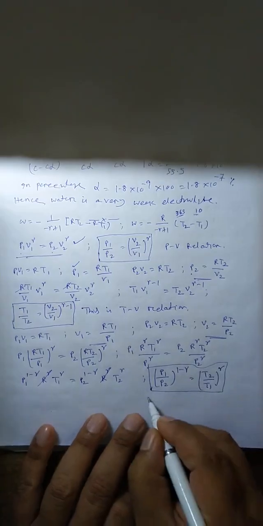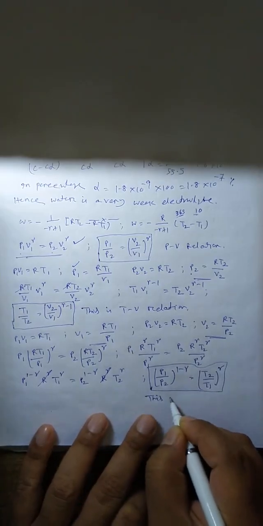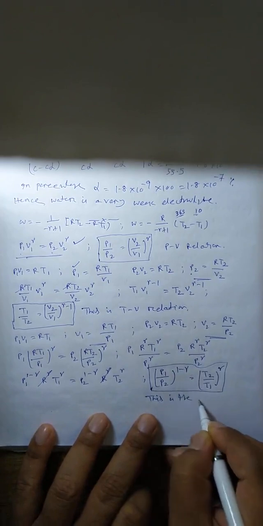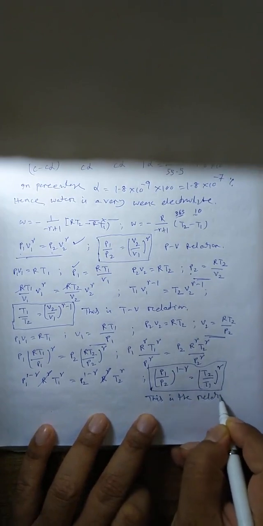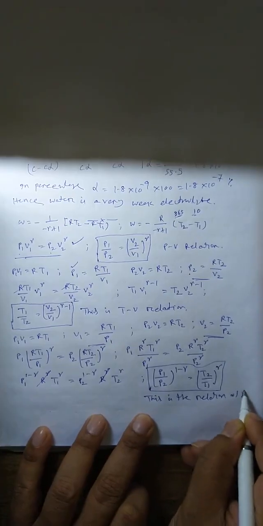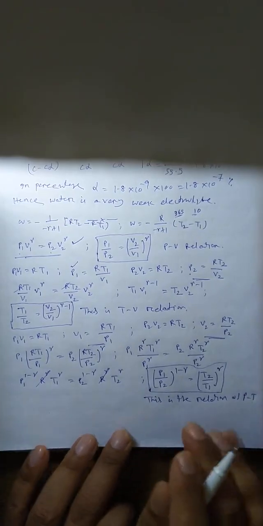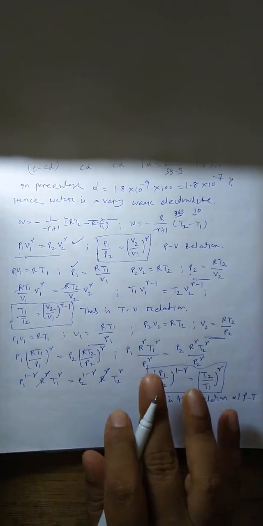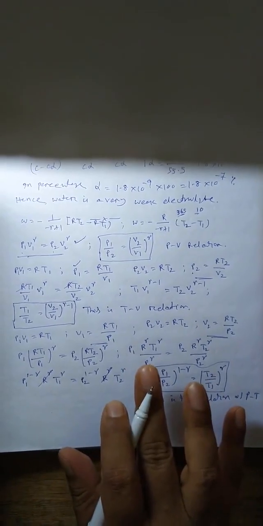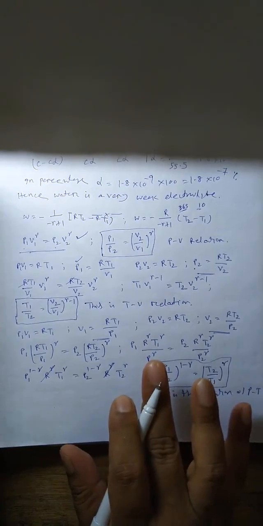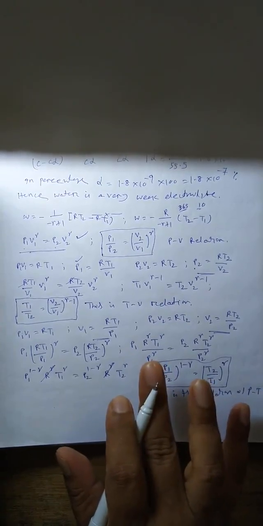This is the relation of pressure and temperature. Remember, these are all for the adiabatic process. This is the adiabatic relationship, it is not the ideal relationship.